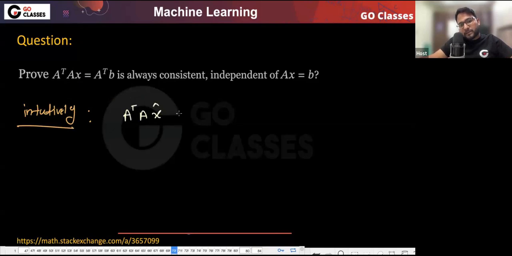Let me write A x cap. You can write x here, this is just a variable that you are solving for. Intuitively, this gives you the projection, and projection is always there.